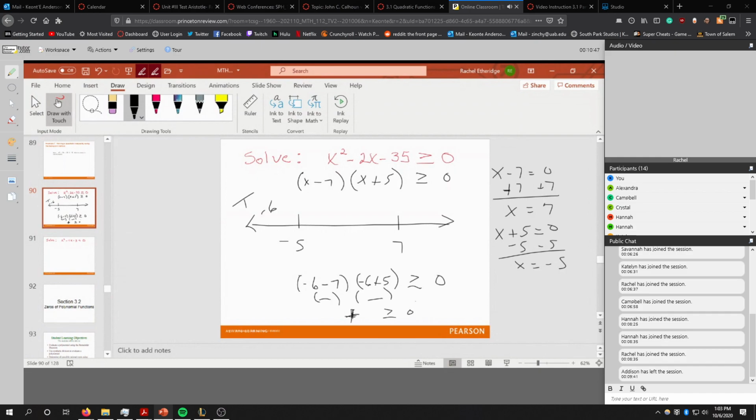And then pick an easy number like 0. 0 is somewhere in between negative 5 and 7. Take your factors and plug in a 0.